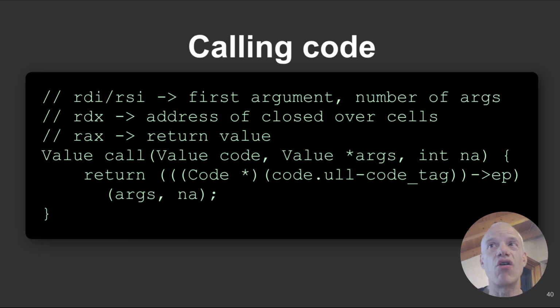And the RDX, only in case of closure, would be the pointer to where the captured cells for the closure context are. The return value is RAX. As you see, it's just a function call, basically translated directly to a function call.